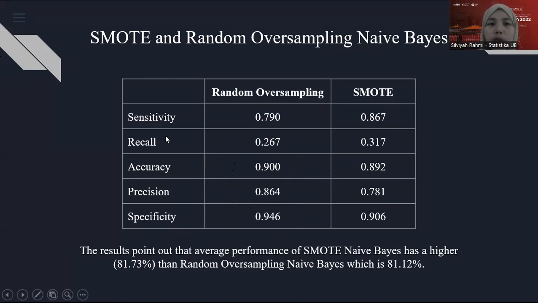So we have no decision for this criterion from the naive Bayes classifier, but we can continue to summarize which one has the better result, because among the performance measures there are three for SMOTE and two for random oversampling. So we can average the SMOTE classifier, and we can conclude that SMOTE naive Bayes classifier has the higher percentage, that is 81.73%, than random oversampling naive Bayes, which is 81.12%.